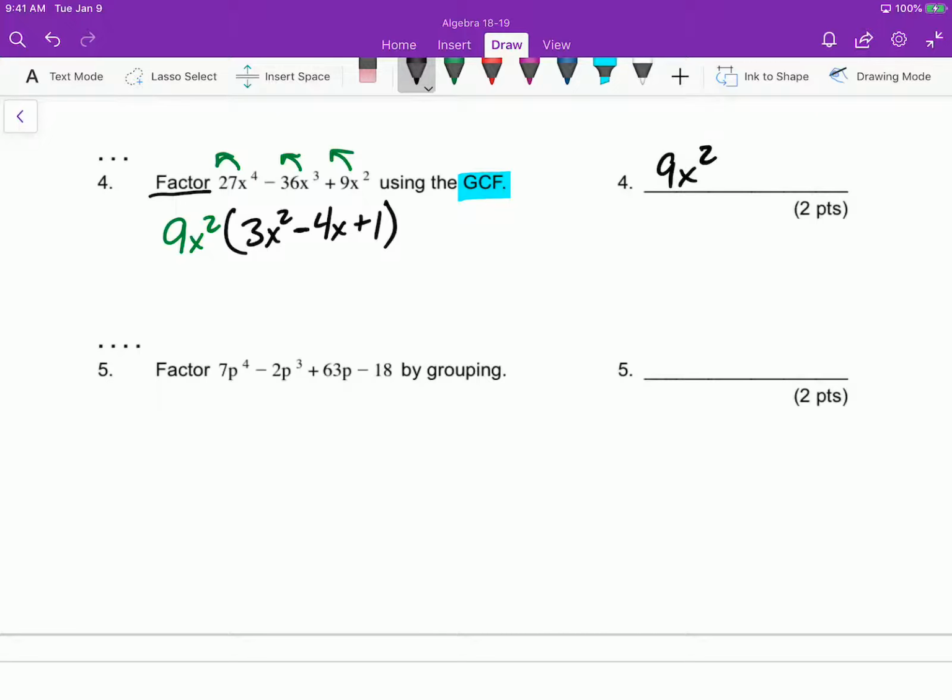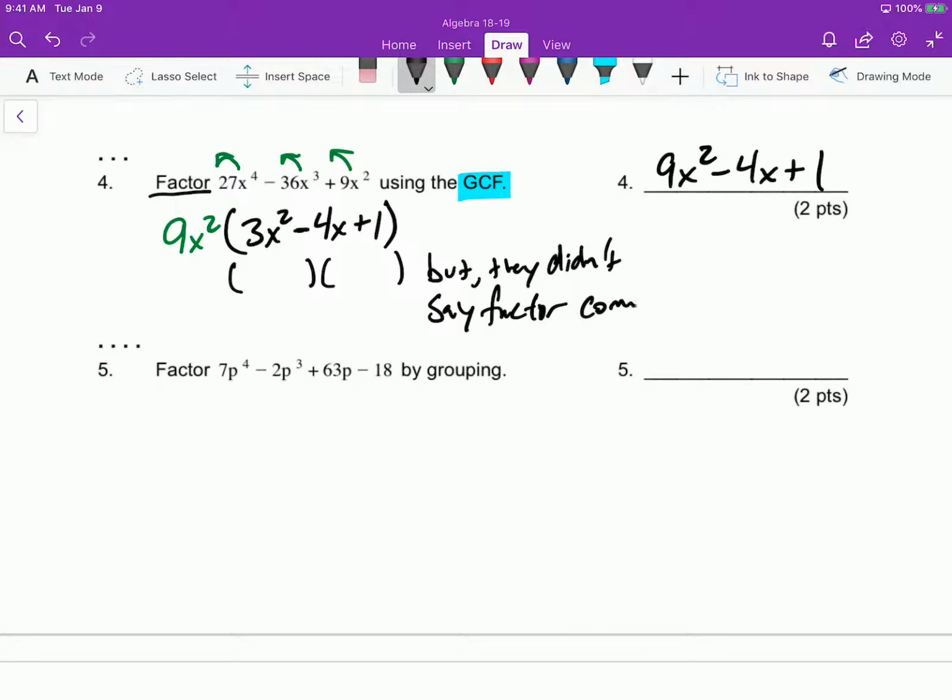Now, some of you may have noticed that you could factor completely, but the instructions are not asking me to factor completely. So you could keep going, but they didn't ask me to. They didn't say factor completely.